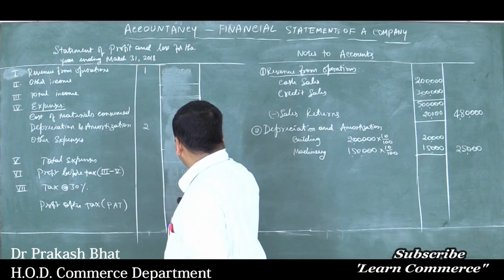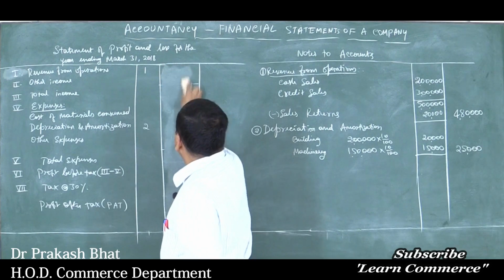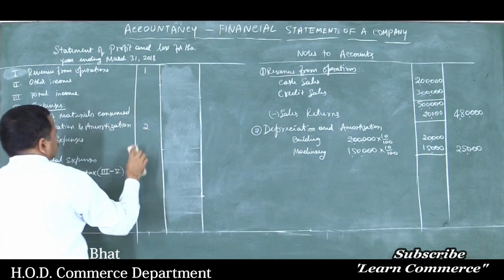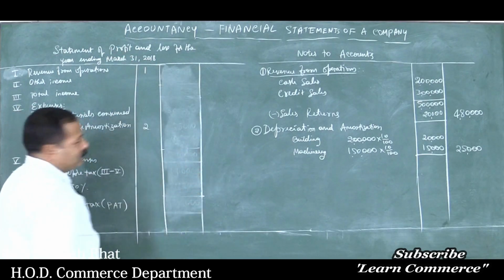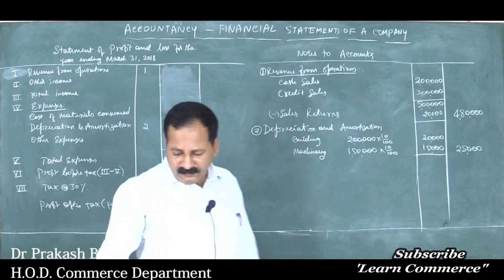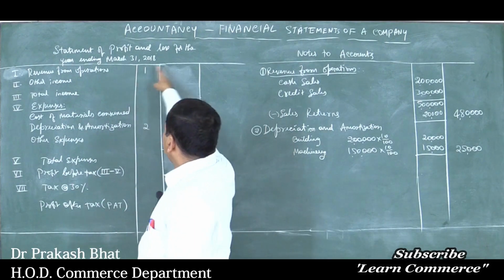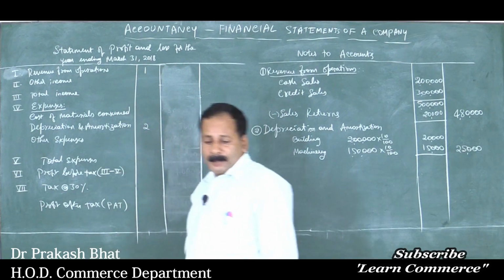Other format remains as it is. So draw the columns. Statement of profit and loss, write the heading as it is. Date is also the same, 31st March 2018. Statement of profit and loss for the year ending March 31st 2018.